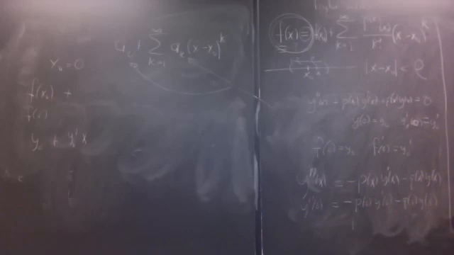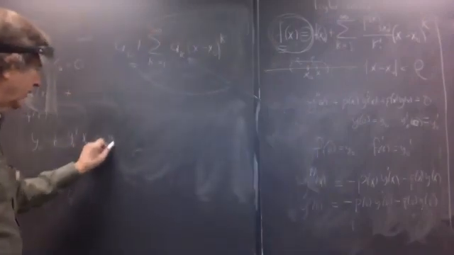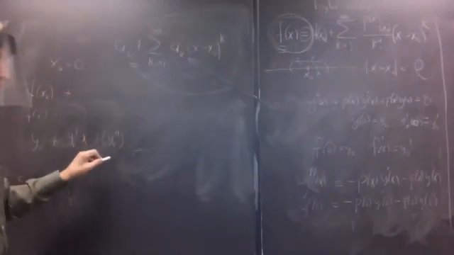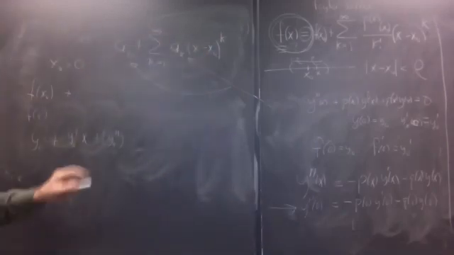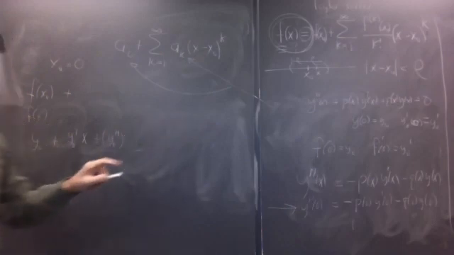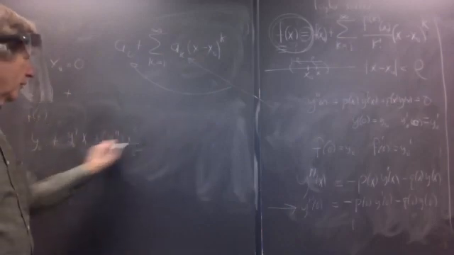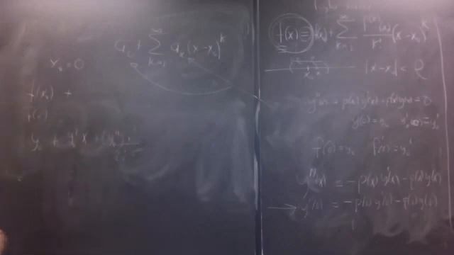So what do I know? I know what y double prime of 0 is. In other words, I can make up, I'm going to write it here and not write out all that stuff, but I found out what that is just by plugging in the 0. And so that would be x squared over 2 factorial. So I've already got the first 3 terms of an answer without having any idea what the answer is.